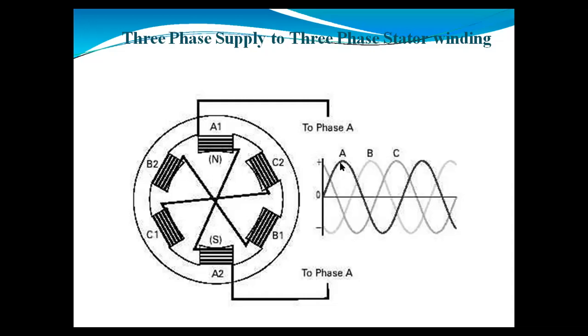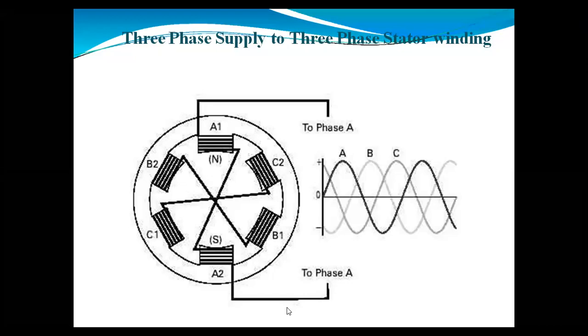So if you are writing the equation for the current flowing through this A phase, Ia equal to maximum current Im into cos omega t. You are saying there will be the 120 degree phase difference between B and A.